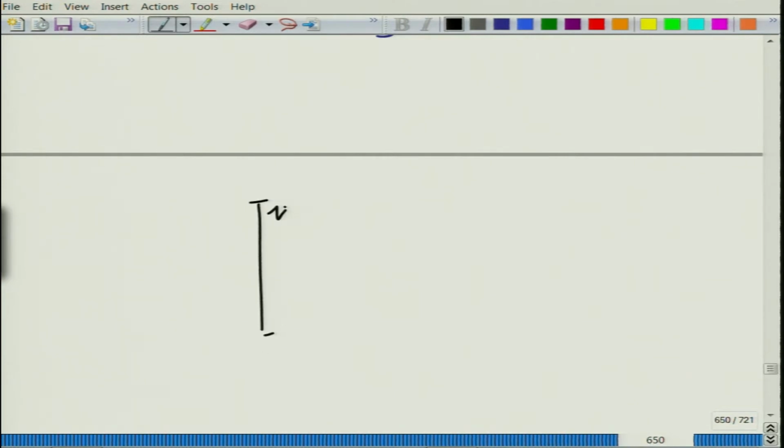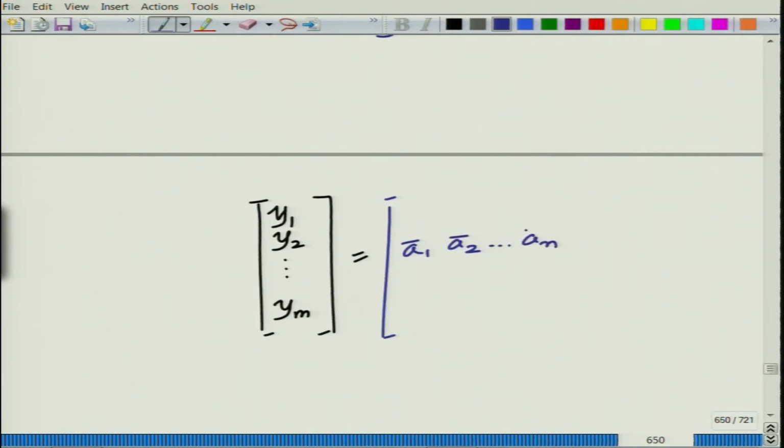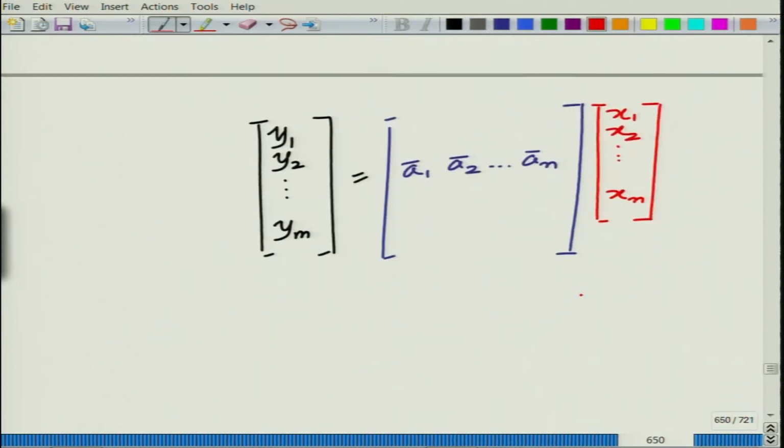I can write the vector y1, y2, up to ym, equal to the matrix A, which can be represented in terms of its columns a1 bar, a2 bar, up to an bar, times the vector x1, x2, up to xn.